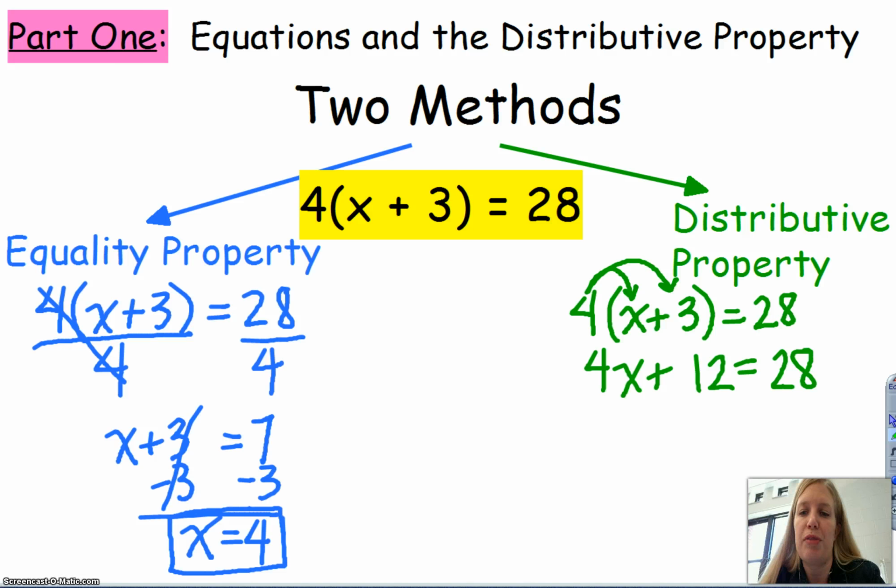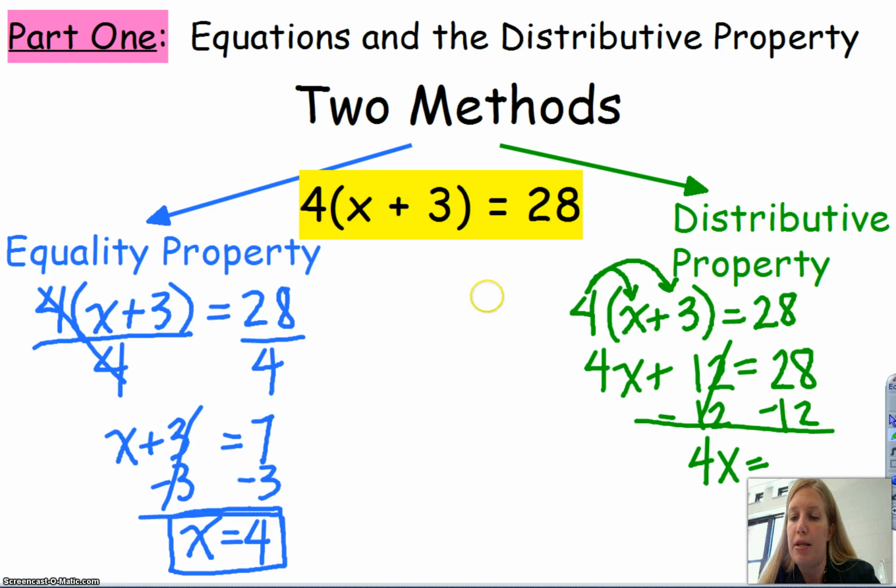Almost forgot to distribute my 4. Now you're at a 2-step equation. This is what we were practicing in class. You subtract 12. 4x equals, when you do 28 minus 12, you get 16. Divide both sides by 4. X equals 4. So notice we get the same answer.